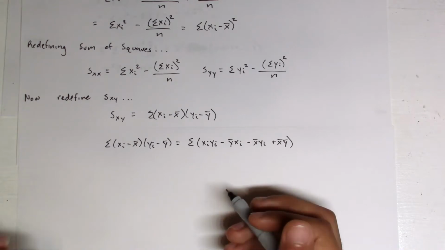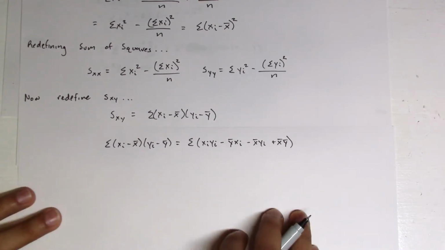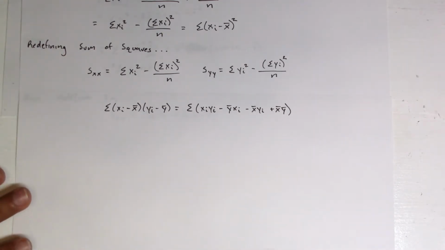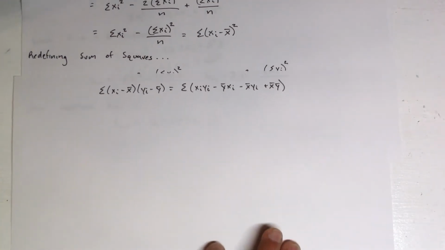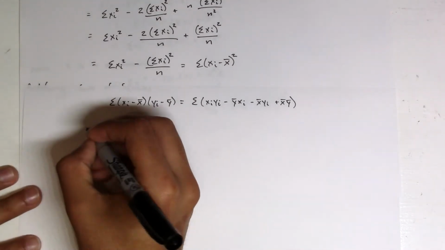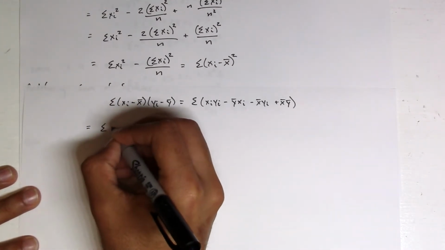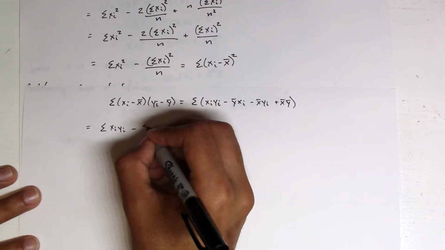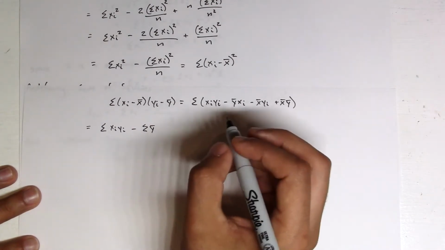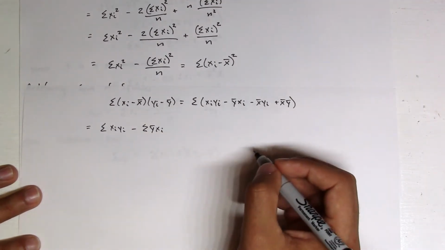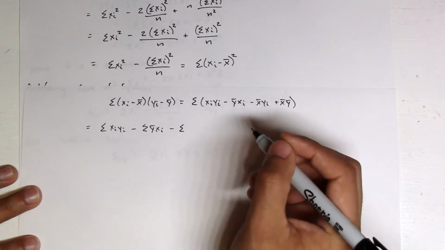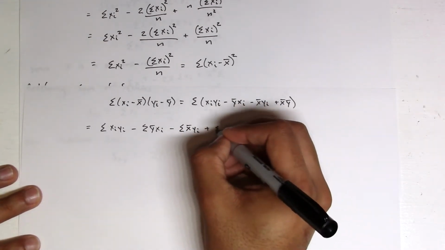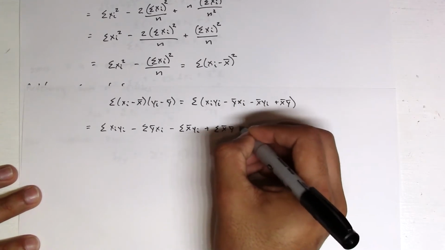Now that we have that, we can do the same thing. We're going to distribute the sigma notation to each individual term, and manipulate each term on its own. So we could rewrite this as the sum of xi yi minus the sum of y bar xi, minus the sum of x bar yi, plus the sum of x bar y bar.